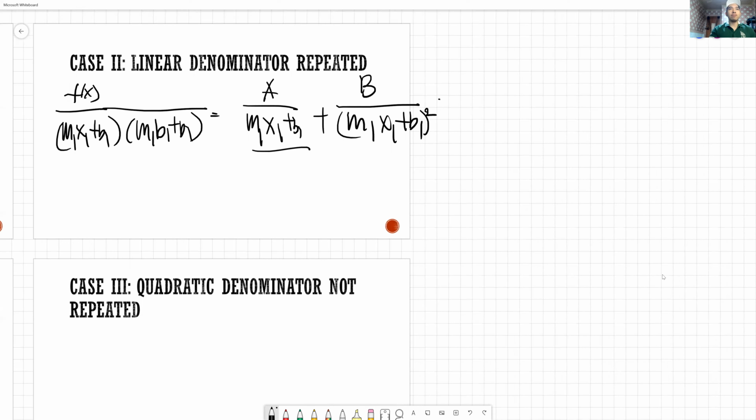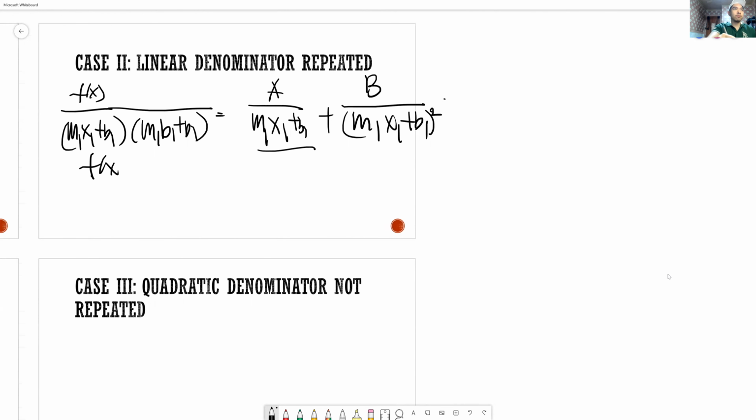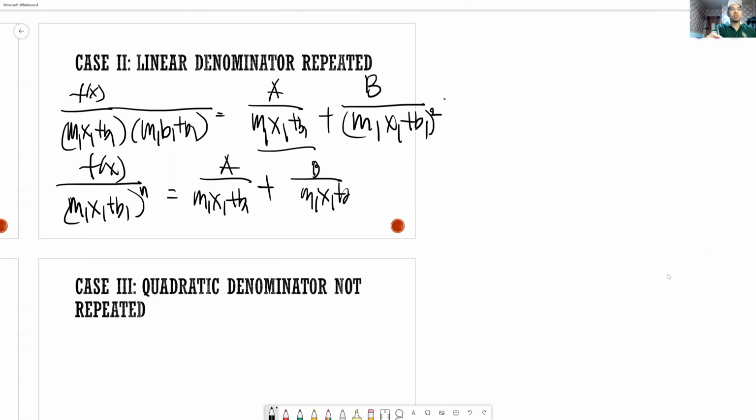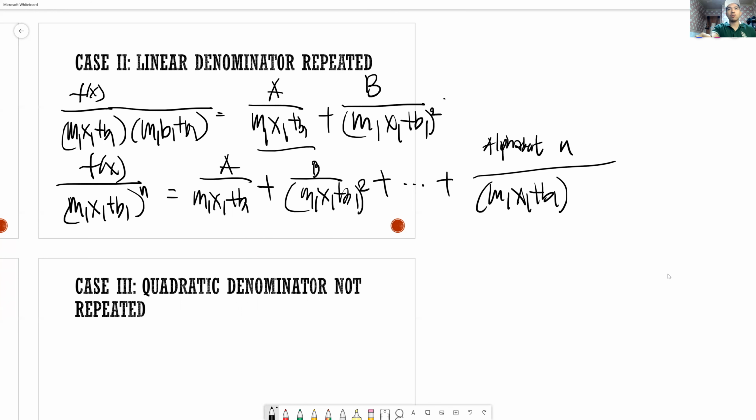So we can rewrite that form as f of x over m1 x1 plus b1 raised to n would be equal to a over m1 x1 plus b1 plus b over m1 x1 plus b1 quantity squared plus dot dot dot plus, kung pang ilang alphabet man yan, alphabet n over m1 x1 plus b1 quantity raised to n. Okay, so ibig sabihin, nag-repeat siya kung ilang beses mo siya ginamit.